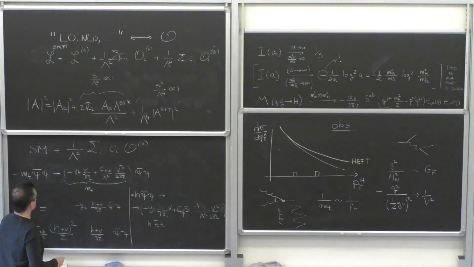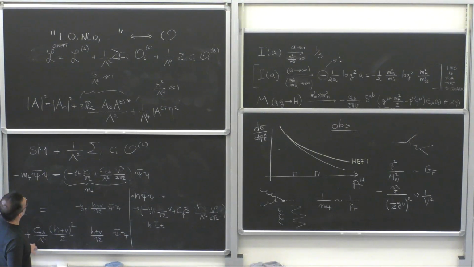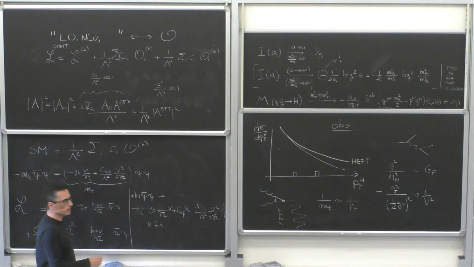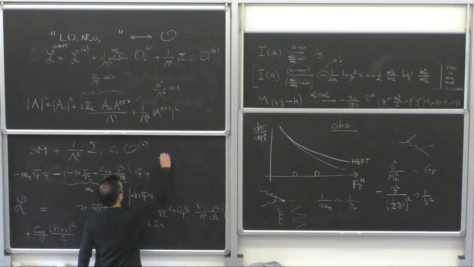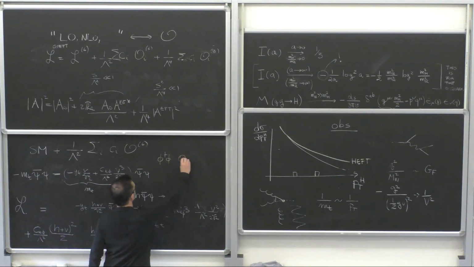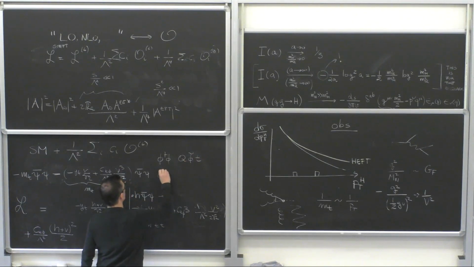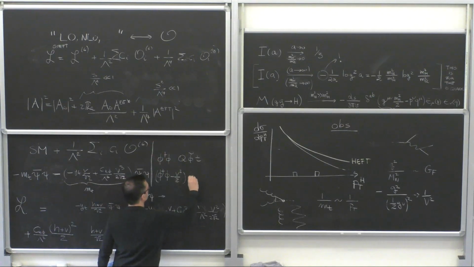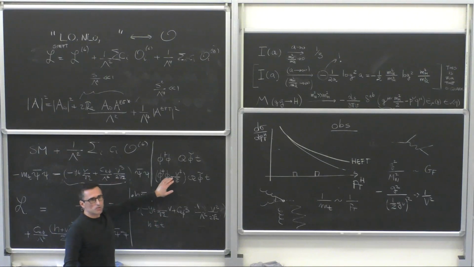Actually, there is a very effective shortcut to all this story. Instead of adding φ dagger φ Q φ tilde t, you add this operator. So you subtract v squared, and now this one does not change the mass of the top.